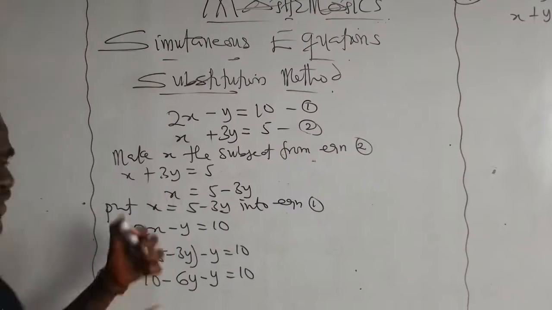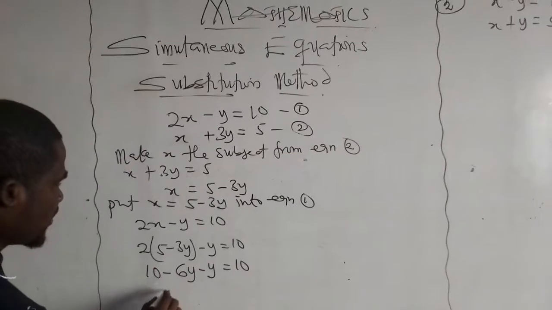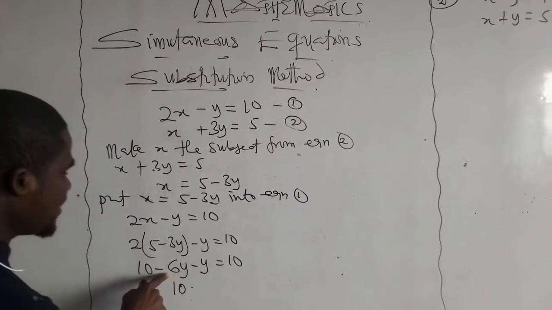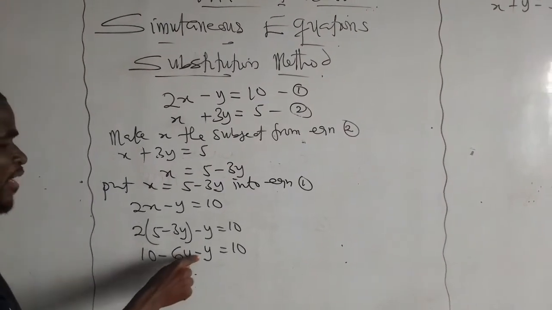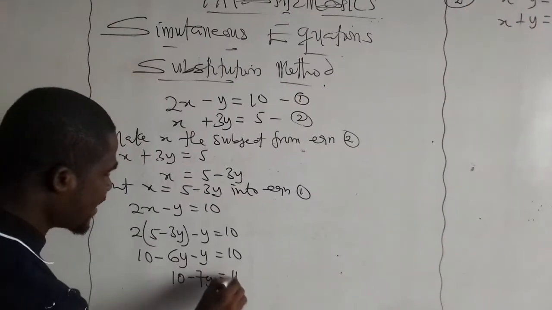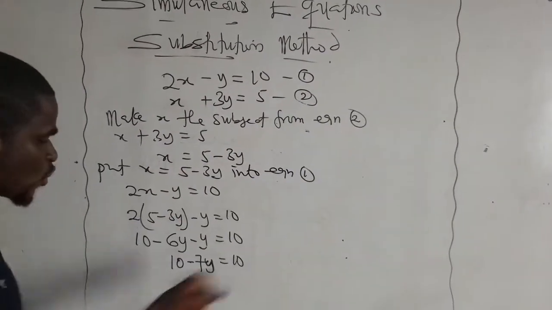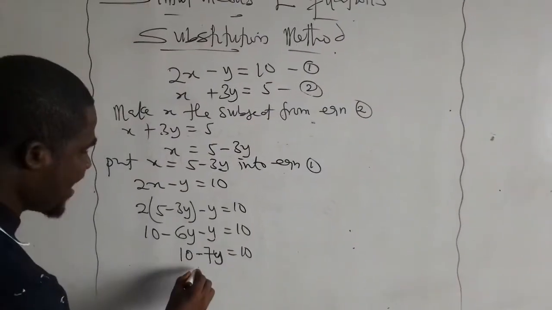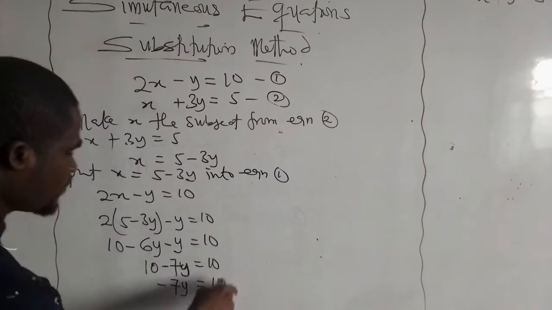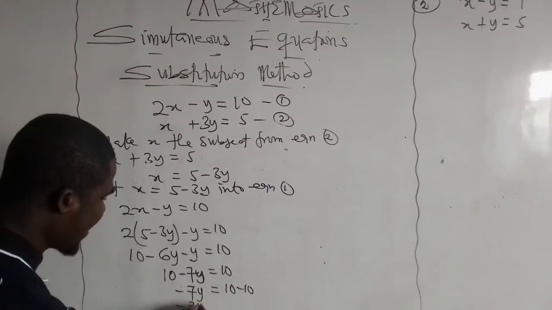I'm looking for y, so let me group like terms. Negative 6y minus y gives me negative 7y equals 10. Now this 10 will go across as minus 10, so negative 7y is equal to 0.